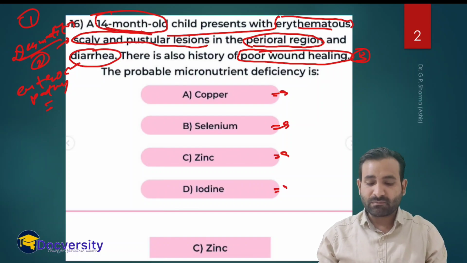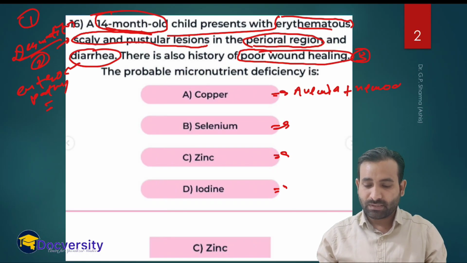If the patient has copper deficiency, then anemia plus neurodegeneration should be present. There are no features of anemia, no features of neurodegeneration, so it cannot be copper.